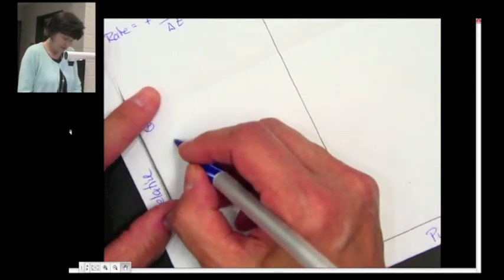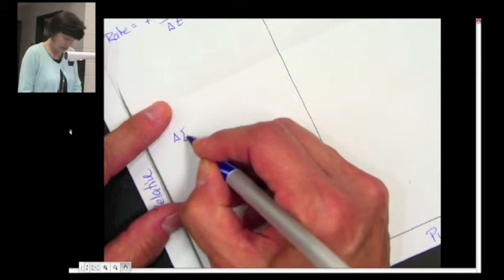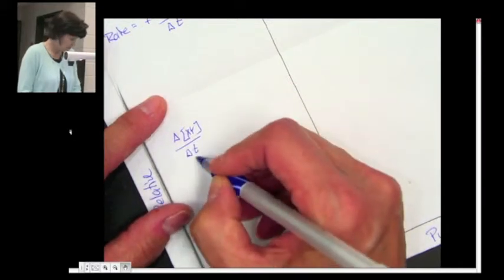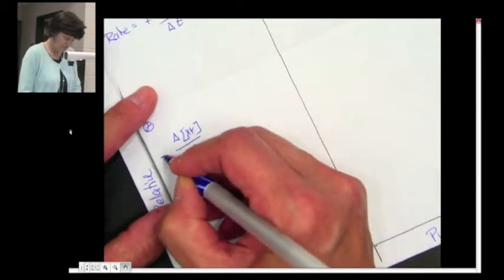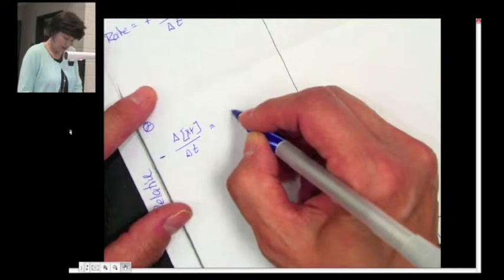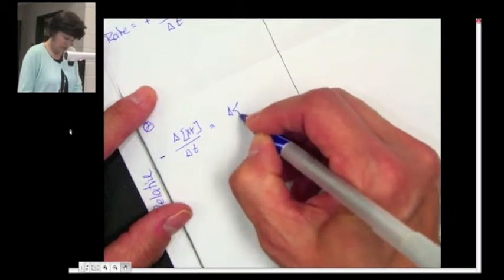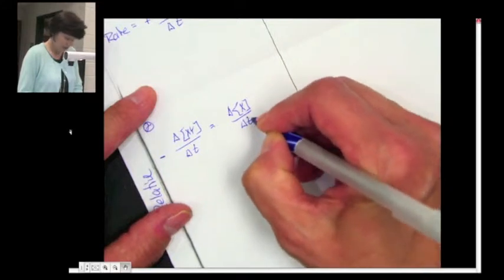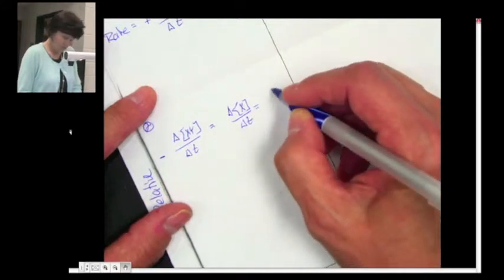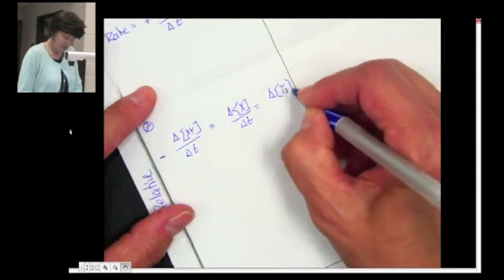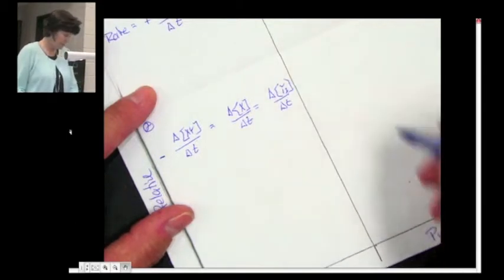As the concentration of the reactant changes over time, it's equal to the way that the concentration of the product changes over time, which is equal to the concentration of the other product changes over time.